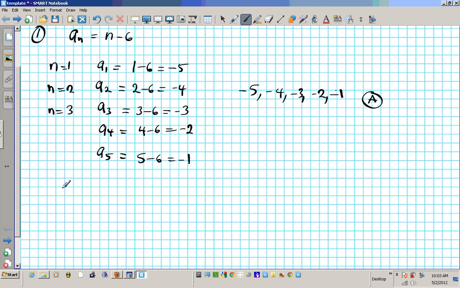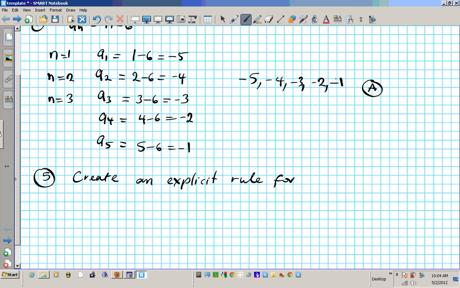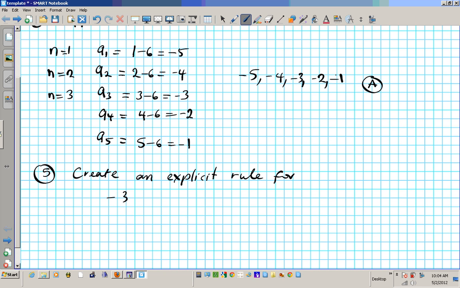Let's move along to the next set of problems, which is creating an explicit rule. We're going to take a look at number 5. I want to create an explicit rule for the sequence negative 3, 0, 3, 6, and it goes on and on.